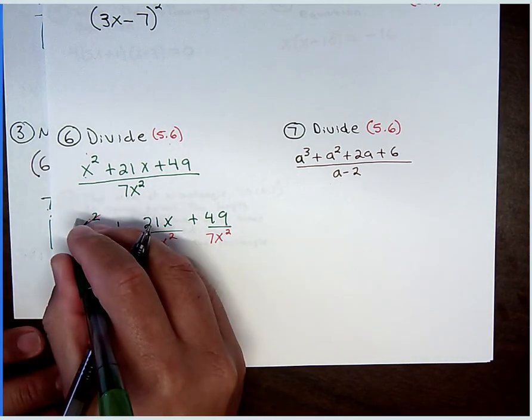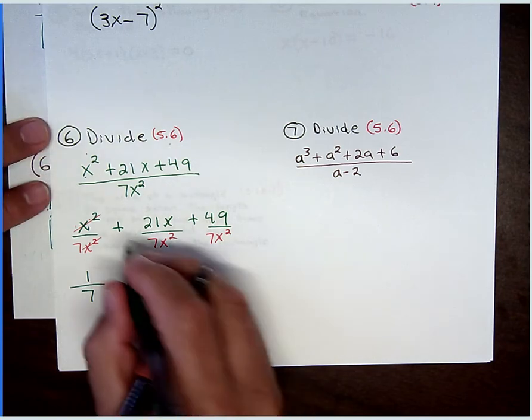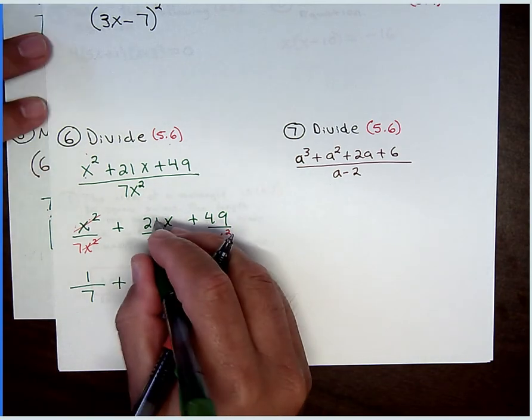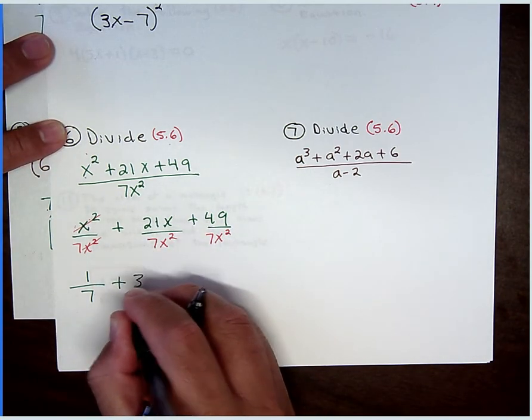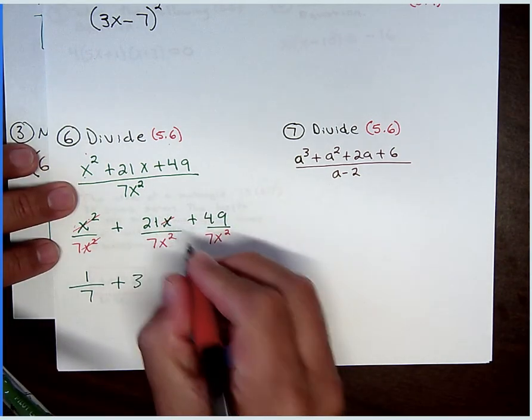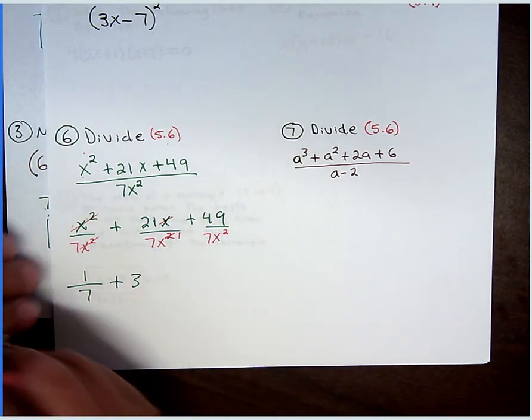There's nothing here, but you have a 1, so you put a 1 right there, and then plus 21 over 7 would give you 3, and then this one cancels out and that one becomes a 1.